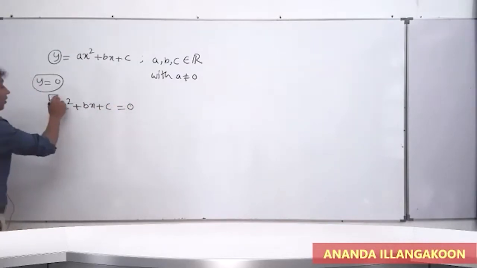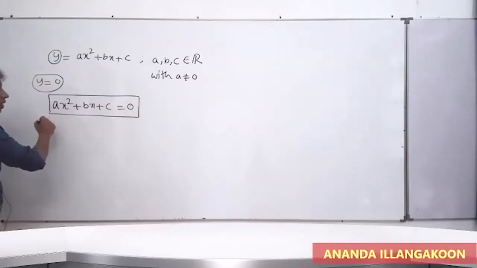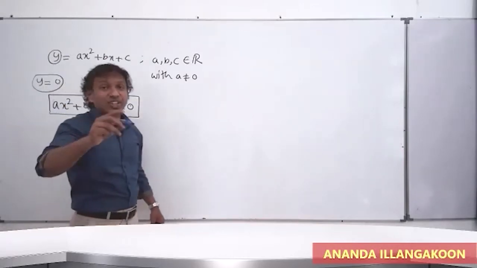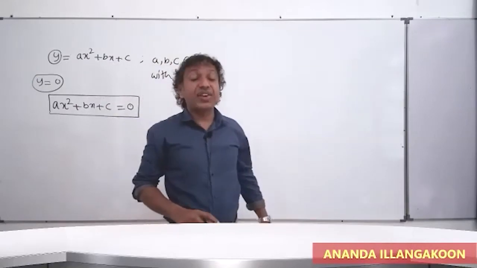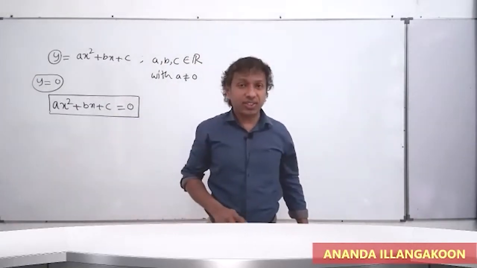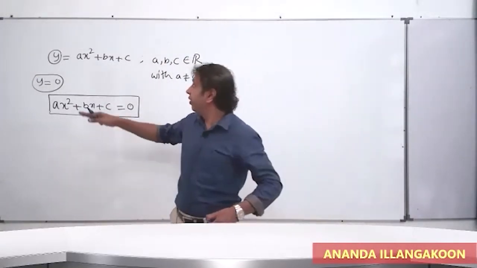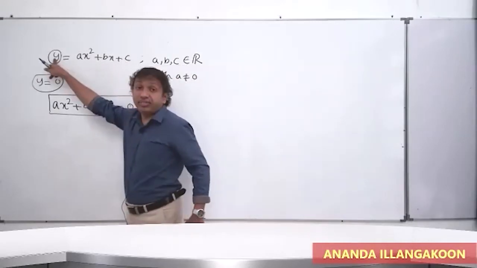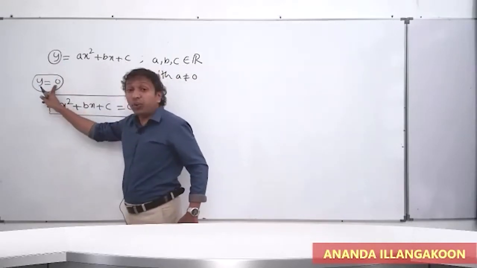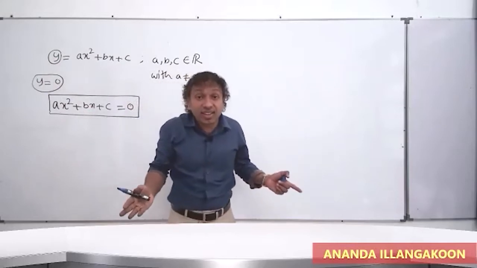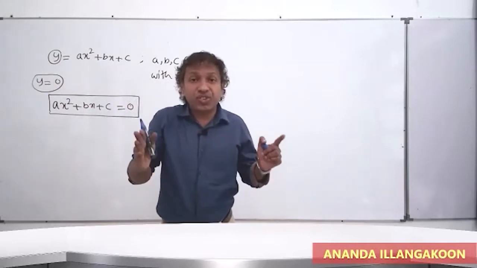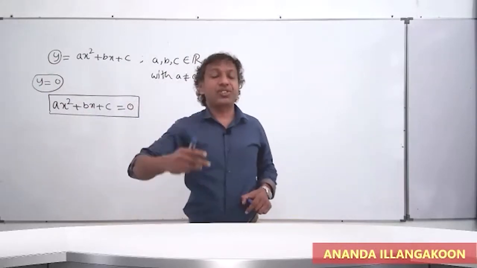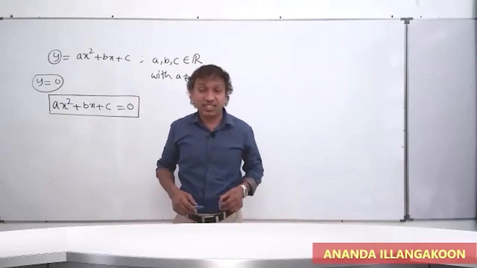This is the one we define as a quadratic equation. This is the way of defining the quadratic equation. In the quadratic function, when this y is equal to 0, what do you get as the result? ax squared plus bx plus c is equal to 0. That is defined as a quadratic equation.